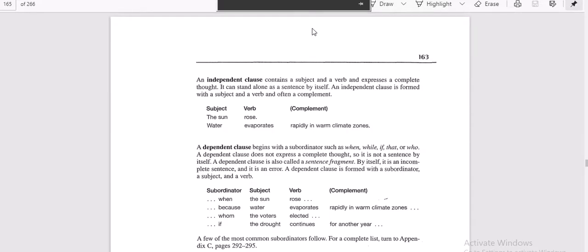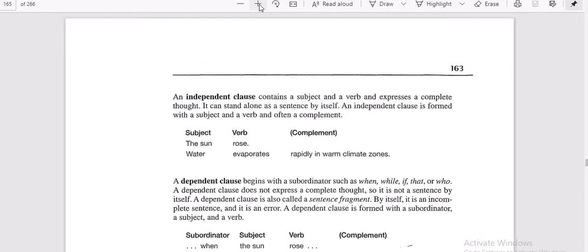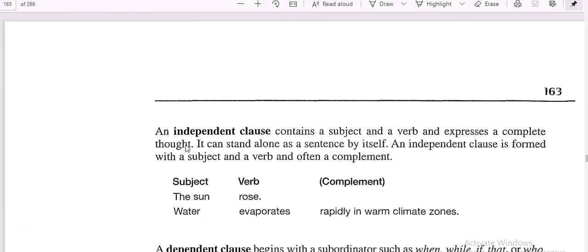Independent clauses. As I told you, an independent clause contains a subject and a verb and expresses a complete thought. It can stand alone, so it is independent.